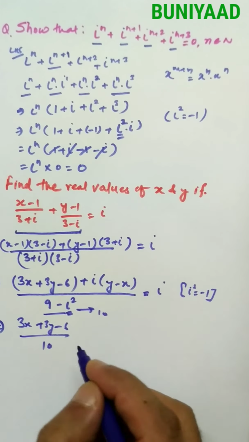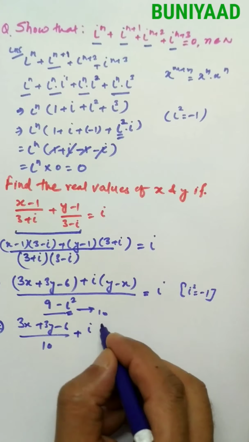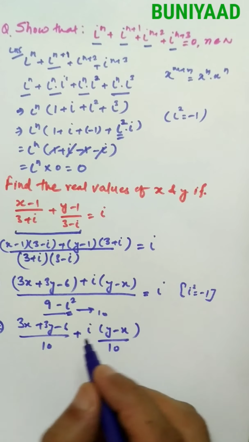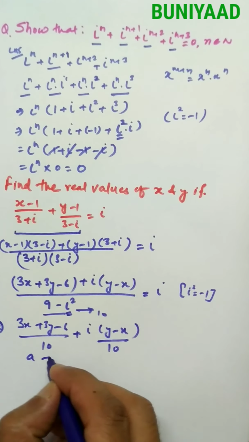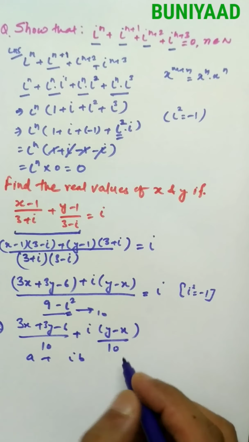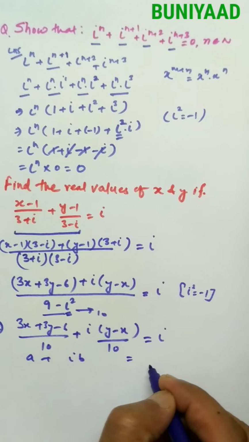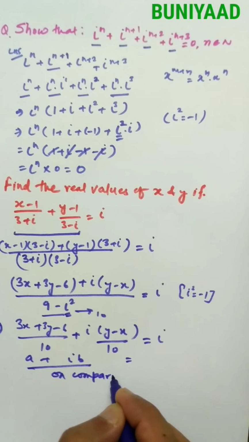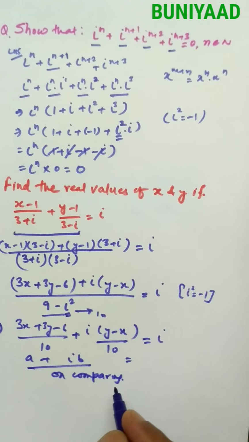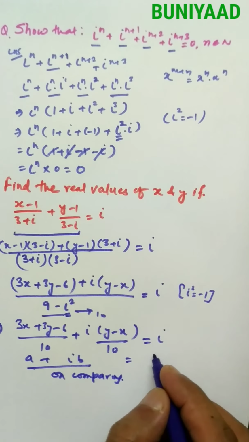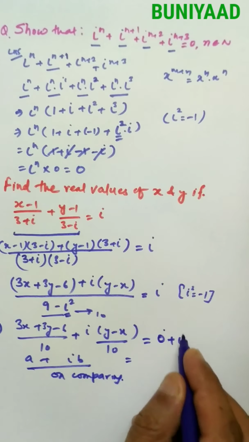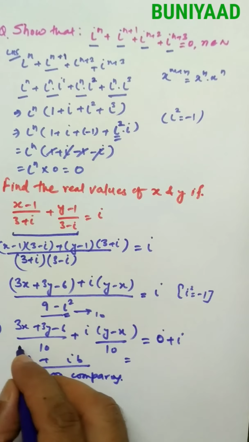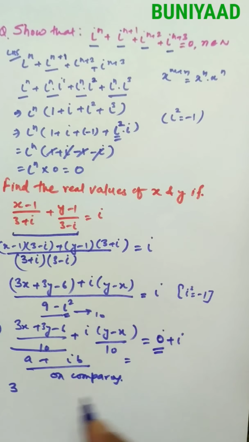So we can split the real and imaginary parts: (3x plus 3y minus 6) upon 10 plus iota times (y minus x) upon 10. Now this is in the form a plus iota b, and that equals iota. So on comparing, we compare real part to real part and imaginary to imaginary. Iota means 0 plus iota, so the real part is 0 here.